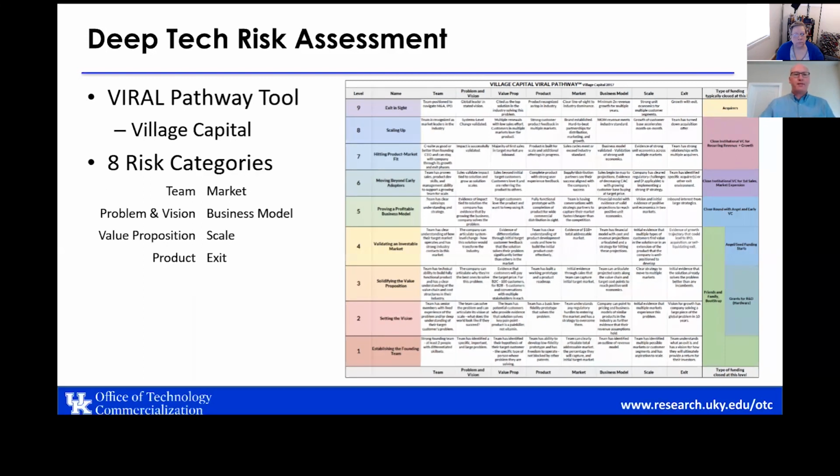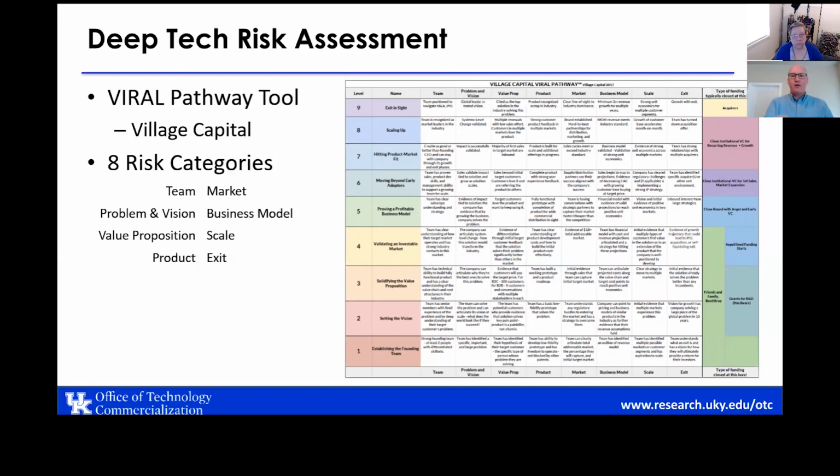This is a tool that's produced by Village Capital, and it's the VIRAL pathway tool. Just to introduce it really quickly, on the left side, just like the TRL, you have levels 1 through 9, so they followed the TRL as part of the assessment. On the right-hand side are the types of things that can happen with the company at this stage. Maybe they're eligible for a certain type of investment or a different type of investment, and at the top maybe acquisition by a corporate.